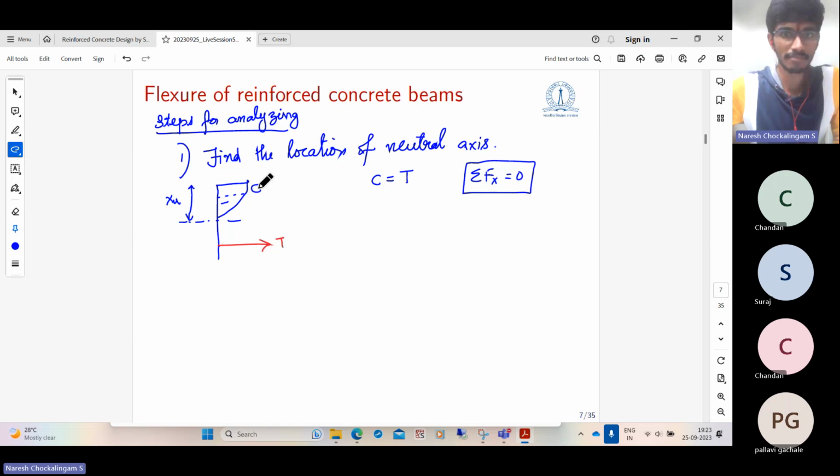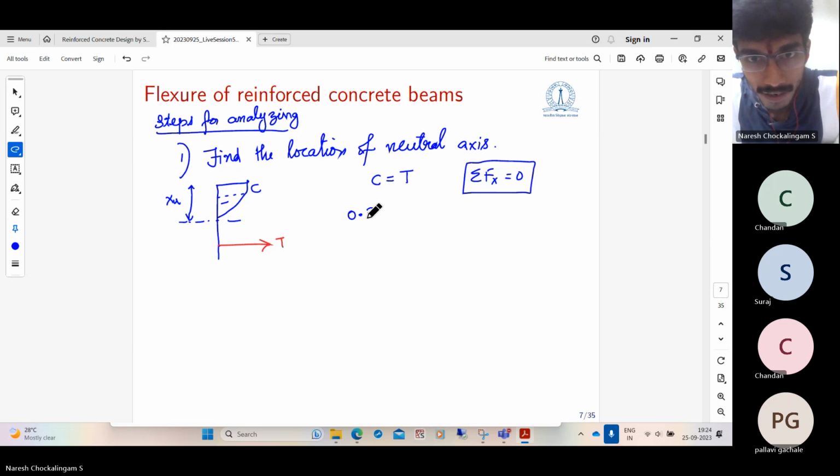So the total compressive force is what? It is the integral of the stress from 0 to xu multiplied by the width of the beam. For concrete, for usual cases, that is given as 0.362 times B xu.